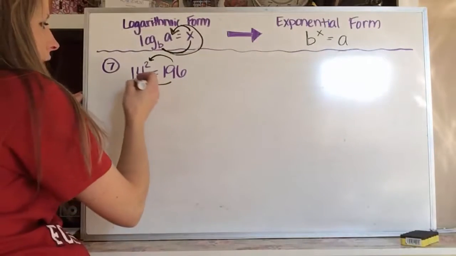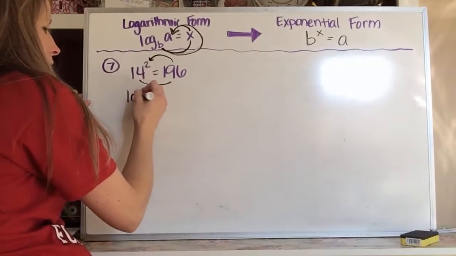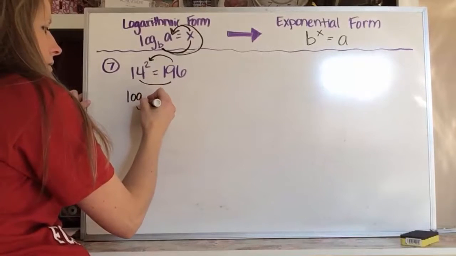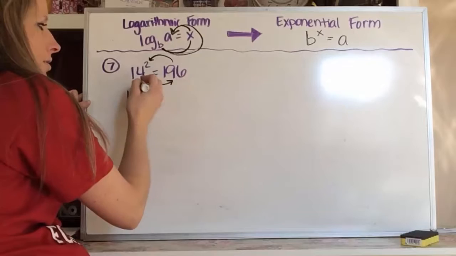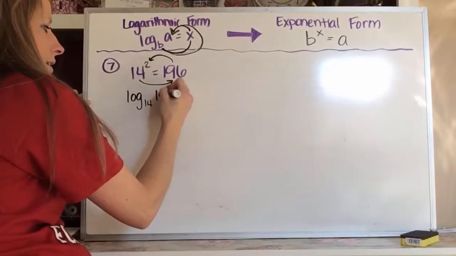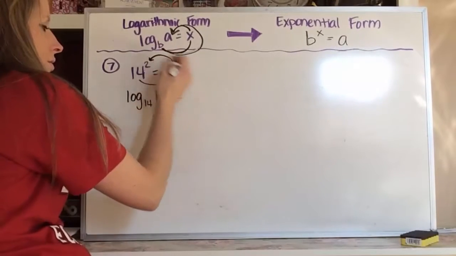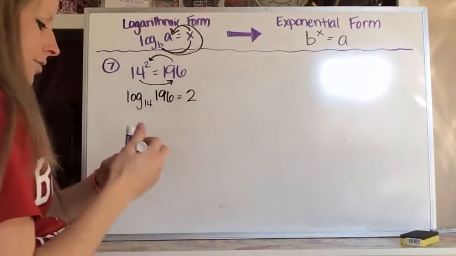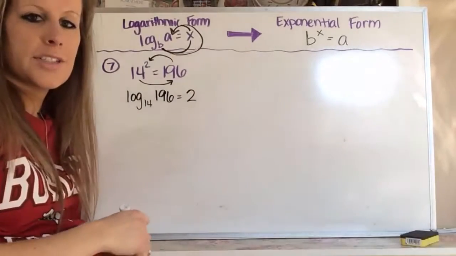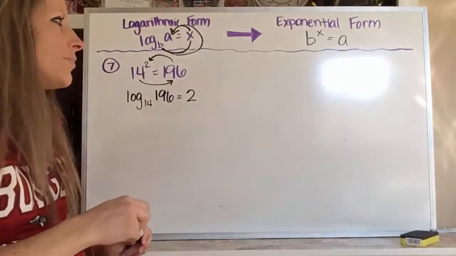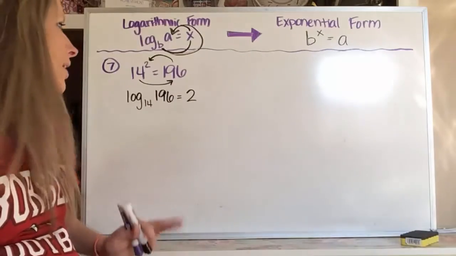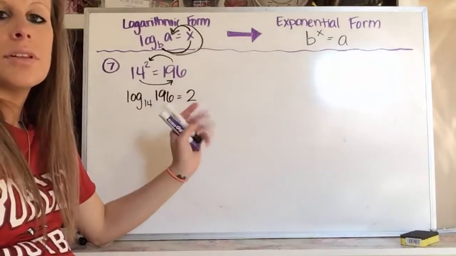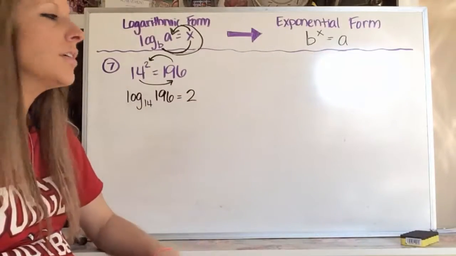So I'm going to have log base 14, moving counterclockwise, of 196 equals 2. I know it probably looks like gibberish right now, but like I said, we're just introducing it today, where you can change from logarithmic to exponential.